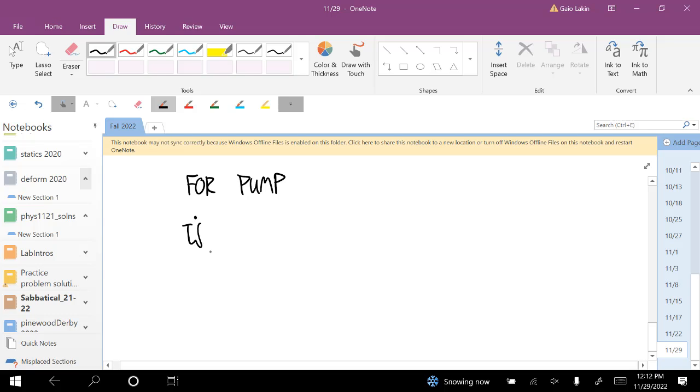So W dot for the pump isentropic over m dot is going to be less than W dot for the pump for the true case.